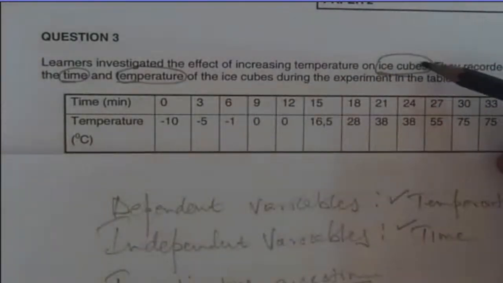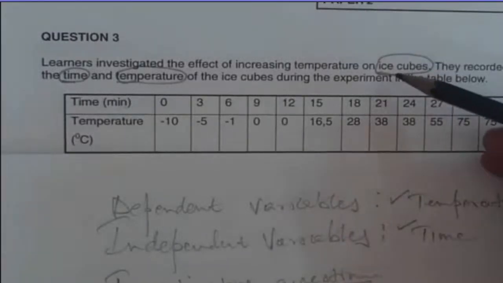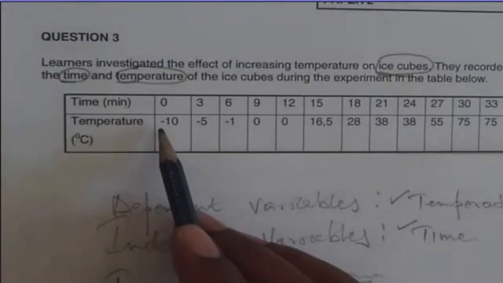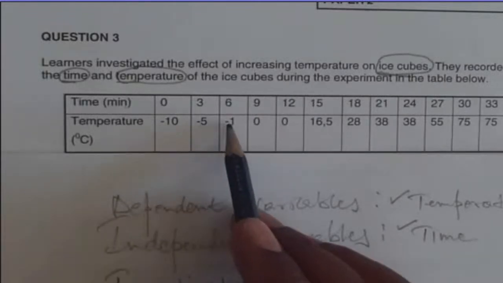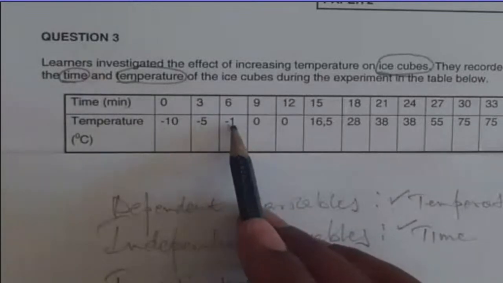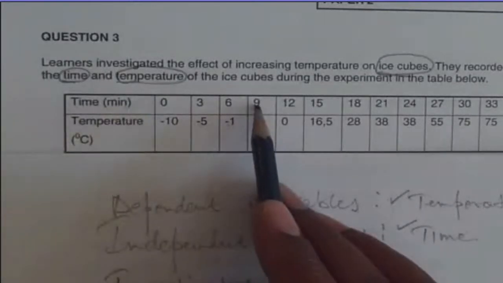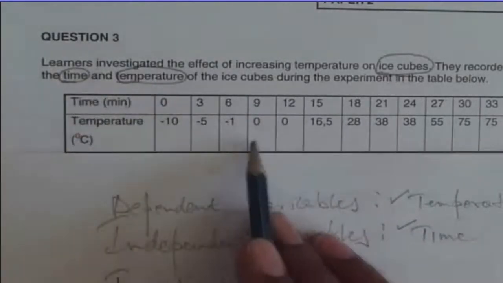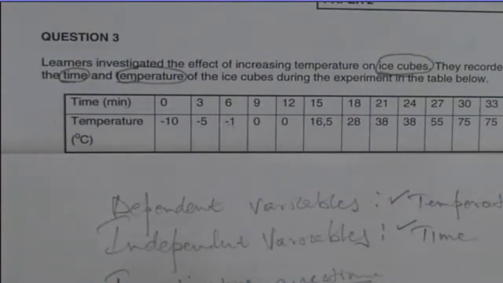Meaning, is it a cooling curve or a heating curve? You must be careful with that one. I have ice cubes, so you look at the temperature: -10, -5, -1. When the time is 6 minutes, that will be the temperature. After 9 minutes, that will be the temperature. So the learners recorded this table.